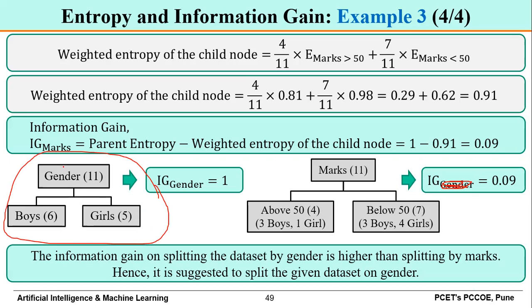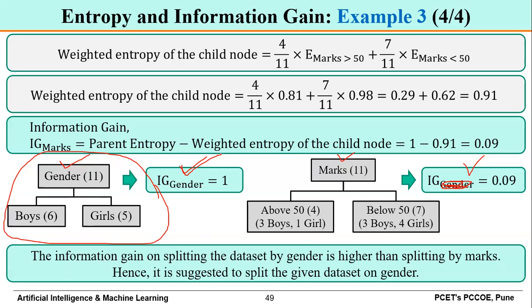So you will have options, whether to construct the decision tree based on gender or based on marks. Or you may think that you can construct a decision tree based on your courses. That is also possible. For each case you need to find out its information gain, and if for a case we get a higher value of information gain, that is the best way of splitting the data.